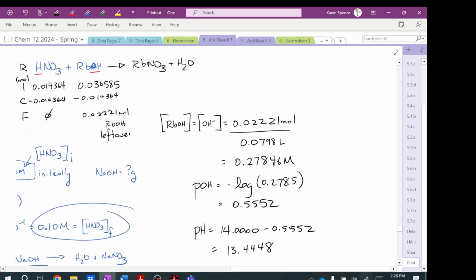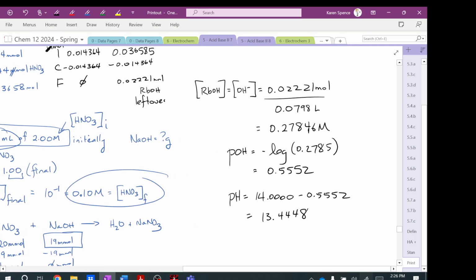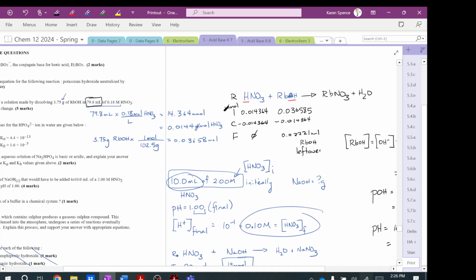Okay. 3 sig figs, 3 sig figs, 3 sig figs, 2 sig figs. 0.18 what? Oh, 0.18 molar. Yeah, 2 sig figs.